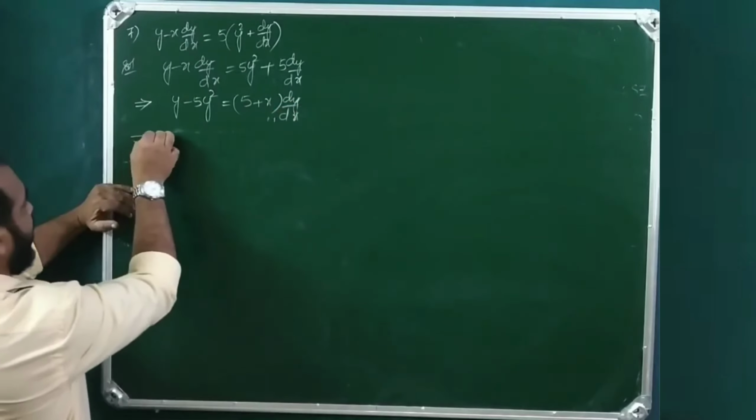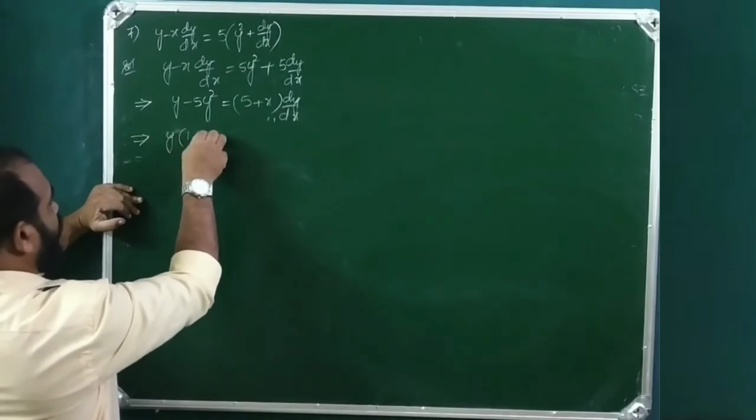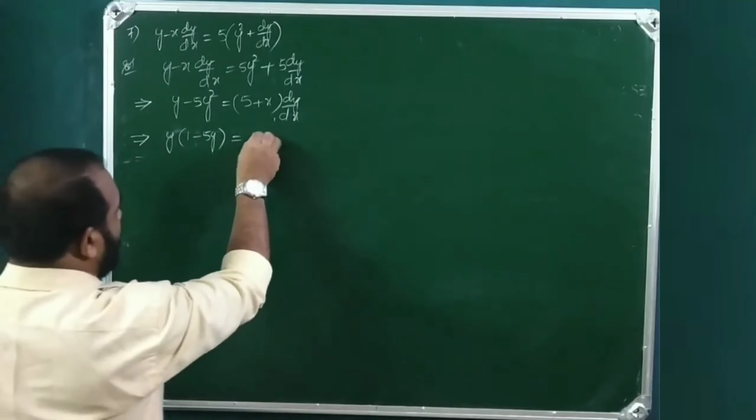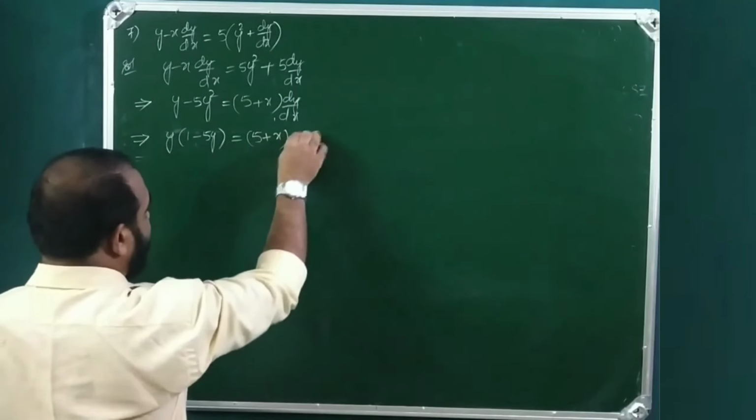Now y into 1 minus 5y is equal to 5 plus x dy by dx.